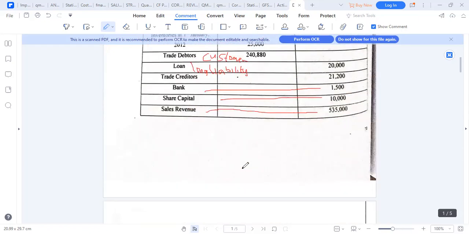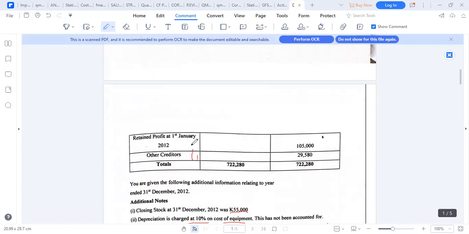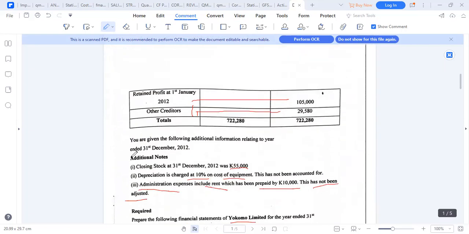In the same way, the retained profit is on the credit balance. Other creditors is on the credit balance. So this is about what goes on as we look at this question. There were additional information items we looked at for your Como.